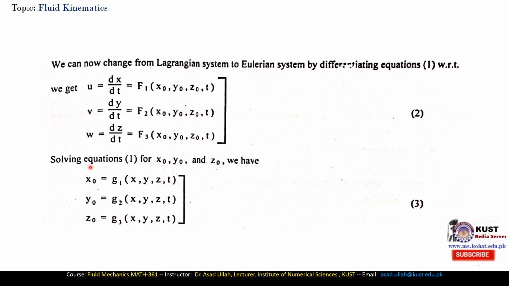Now solving equation 1 for x naught, y naught and z naught, we have equation number 3. In equation number 3 we have written x naught, y naught and z naught, that are the fixed position vector r naught, in terms of x, y, z and time t. Here g1, g2 and g3 are general functions.